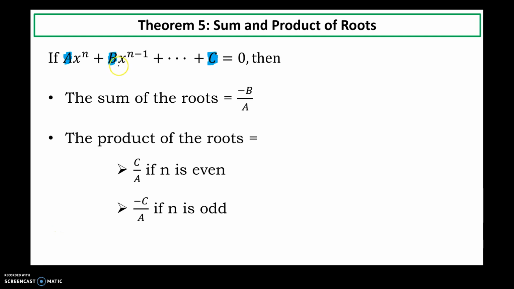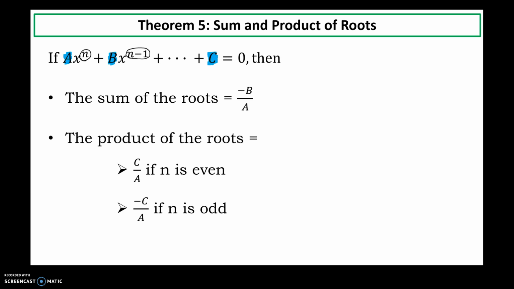The coefficient of b is the coefficient of the term that's 1 less than the degree of the function. So if my degree is n and the lead coefficient is a, then b comes from the term whose power is 1 less than the degree of the original.